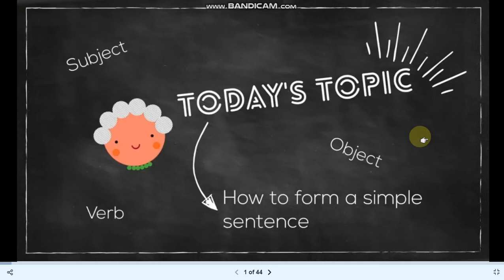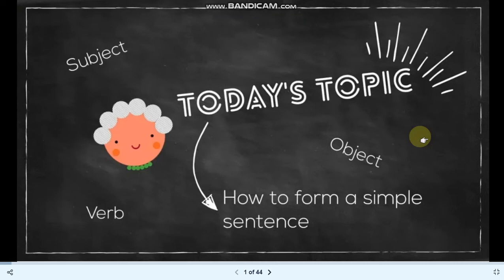Now I'm going to be teaching you step by step and gradually or slowly the concept of formulating or constructing sentences using each of these types. So let's start with a simple sentence first.